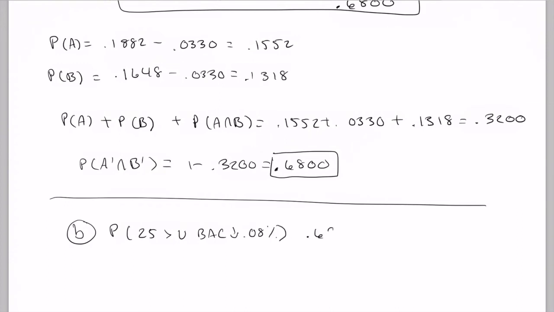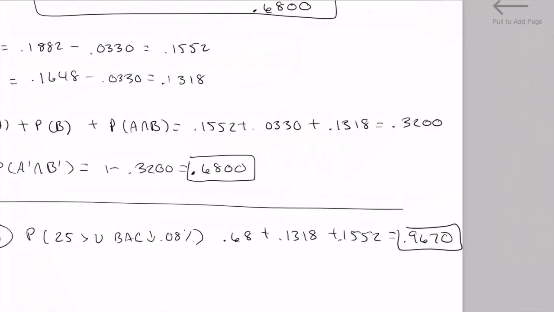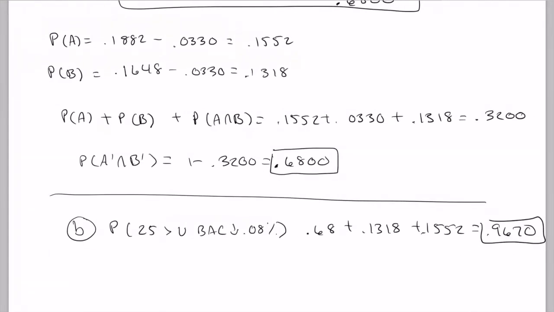So we have 0.68 plus 0.1318 plus 0.1552 equals 0.9670. And it was just filling in the blanks because the Venn diagram gave us all the information we needed. This concludes 8.4.